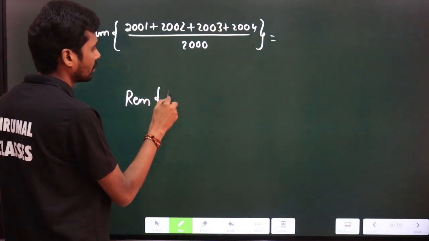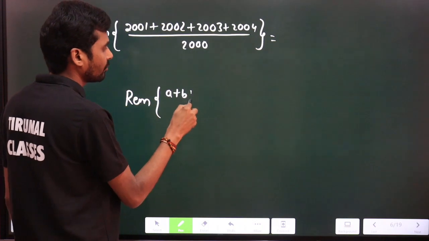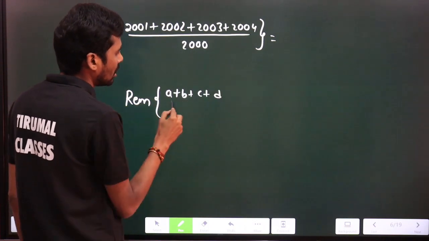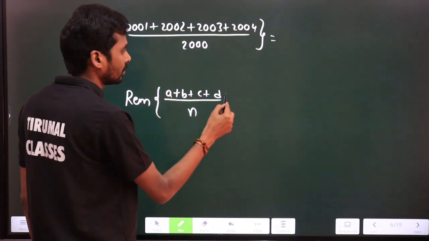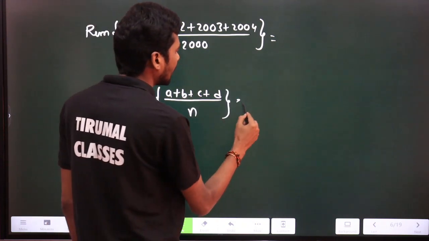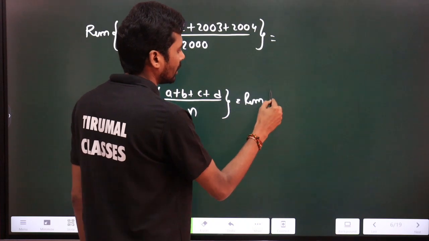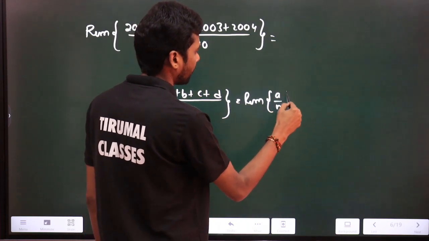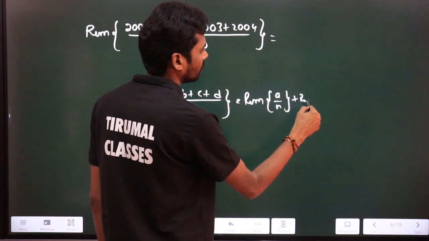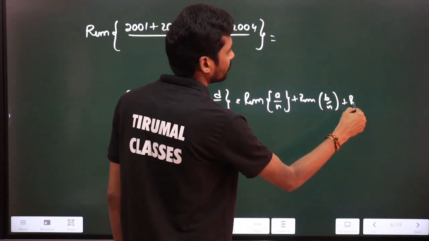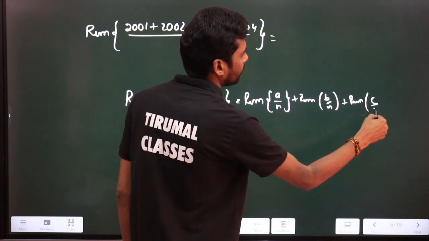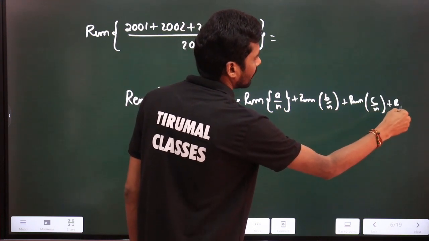The concept is this: suppose I have different numbers, and we are dividing all of them by the same number, let's say n. Then we can split it like this: remainder of a by n, plus remainder of b by n, plus remainder of c by n, plus remainder of d by n.